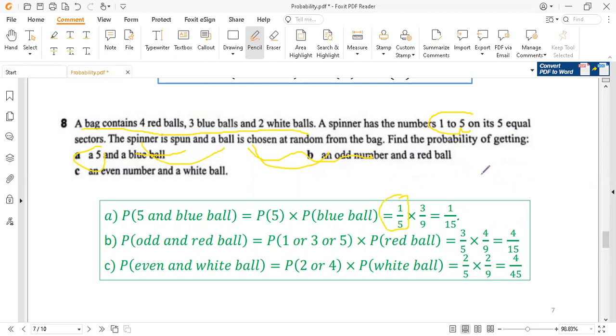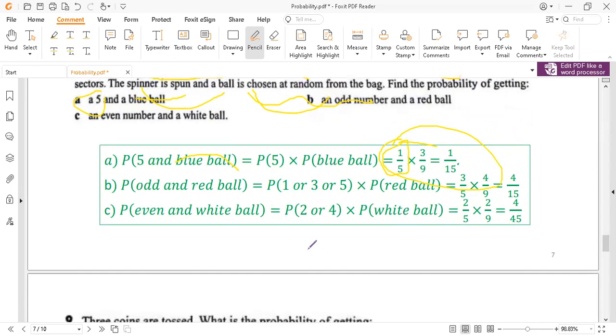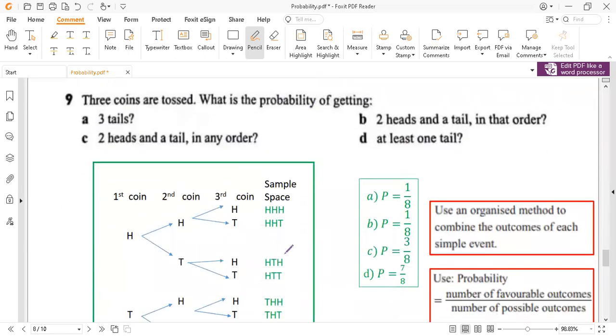Okay. And for having a blue ball, there are 3 blue from 9. So 3 from 9. In total, we have as a probability for this event 1 over 15, and so on. The remaining details are very trivial.